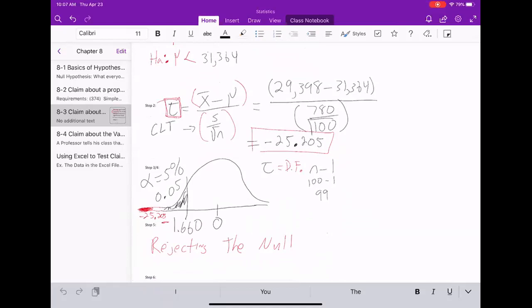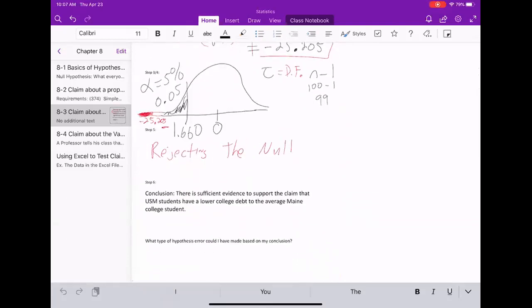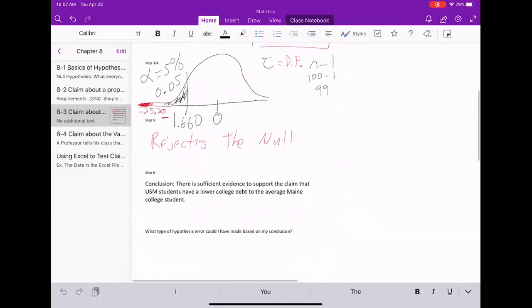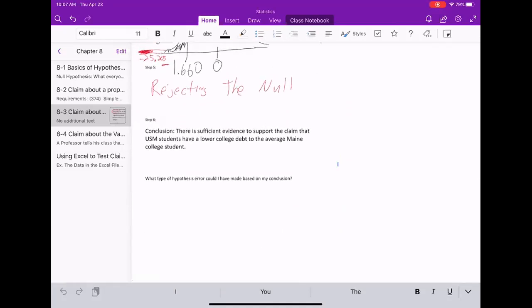Then, once you have that, place where your test statistic value is, then use your picture to decide if you're rejecting or failing to reject the null. In this case, we are rejecting the null. There's our statistical conclusion. And then we interpret our results back to the problem. There is sufficient evidence to support the claim that USM students have a lower college debt than the average Maine college student.